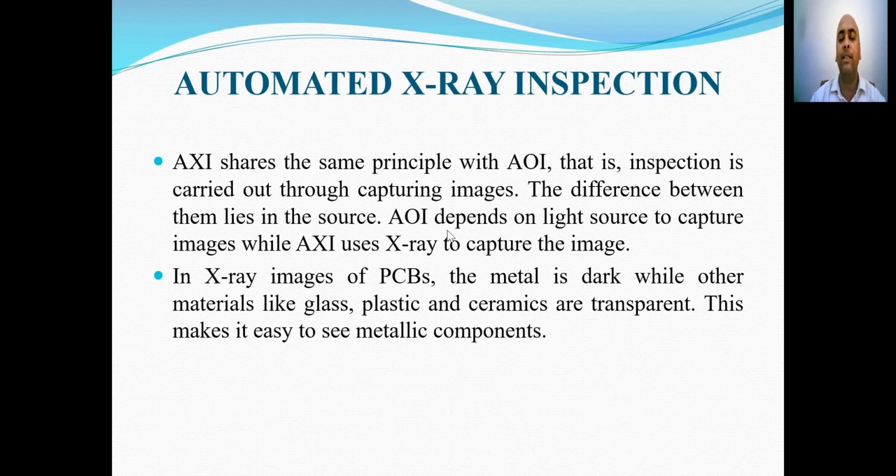The automated optical inspection method depends on a light source to capture the images, while the automated X-ray inspection method uses X-rays to capture the image. In X-ray images of PCBs, metal is dark, while other materials like glass, plastic, and ceramics are transparent. This makes it easy to see metallic components.